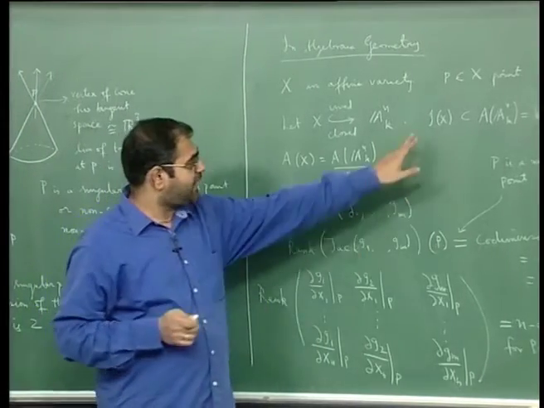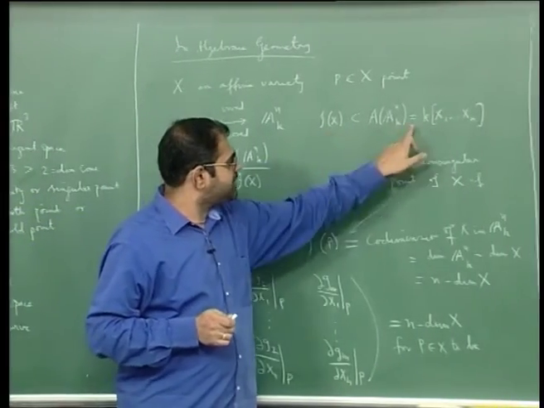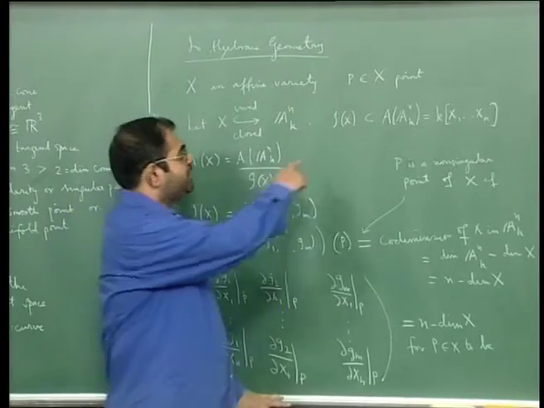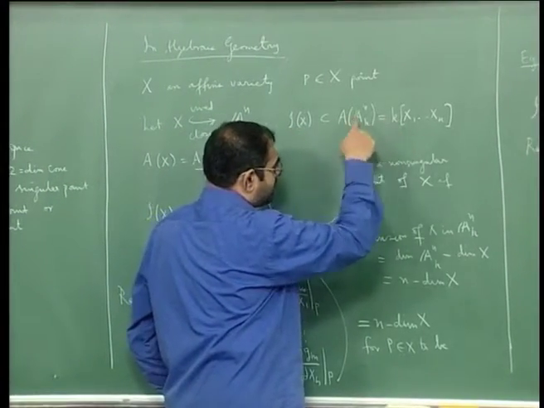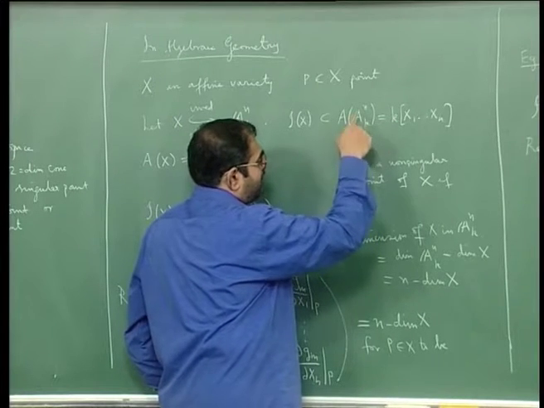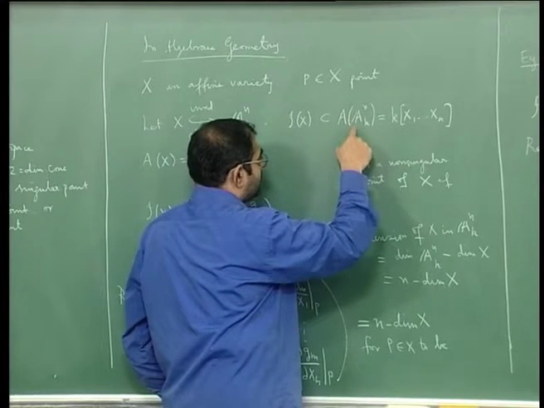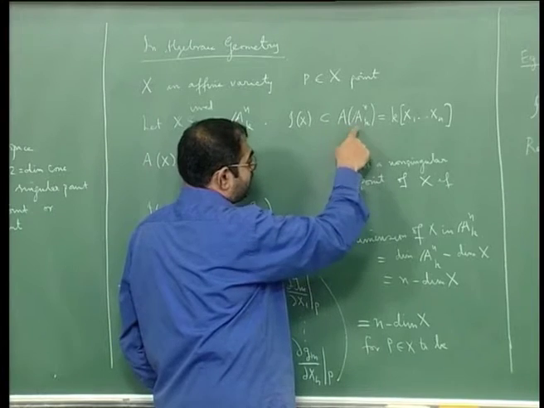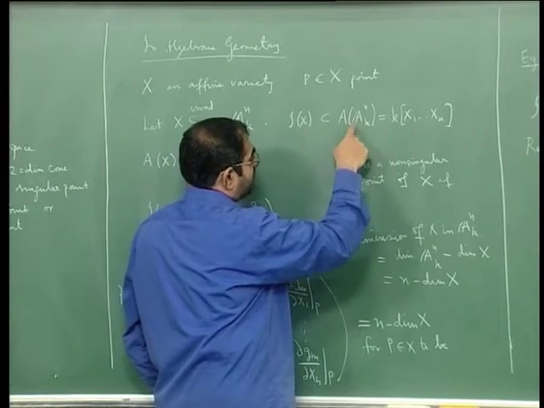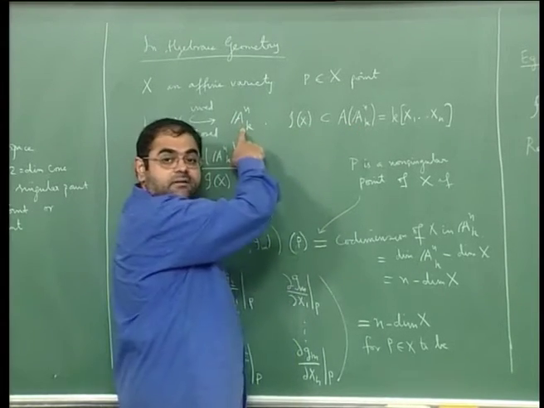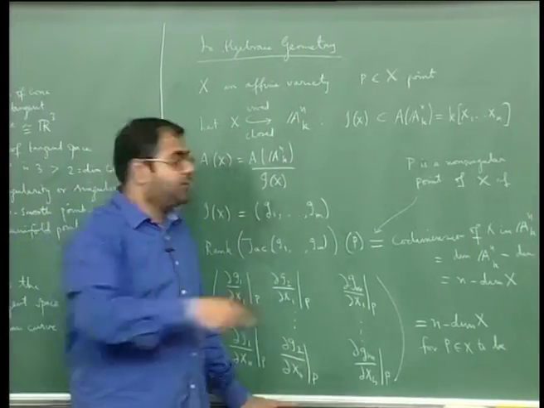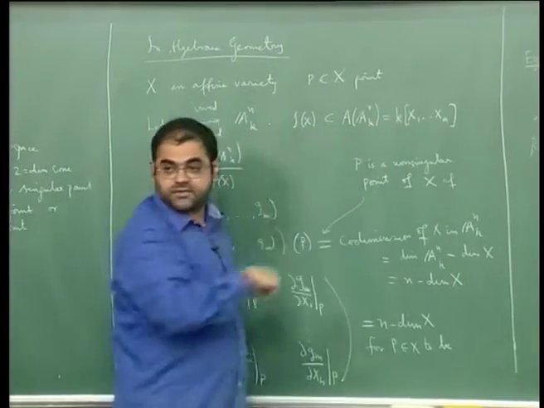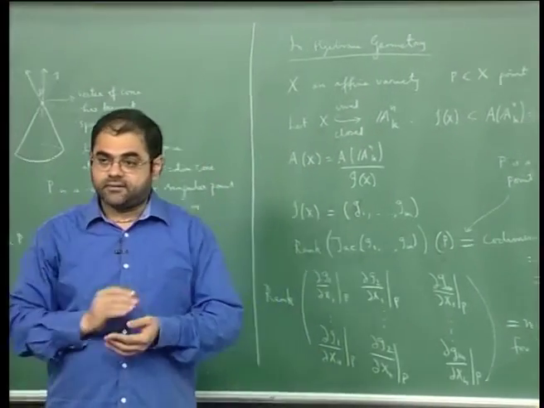So this ideal depends on the embedding. This ideal of X is an ideal of the affine coordinate ring of the affine space in which X is embedded. But if I change this affine space where X is embedded, then I am changing this ring, therefore this ideal also changes. This ideal is not an invariant.